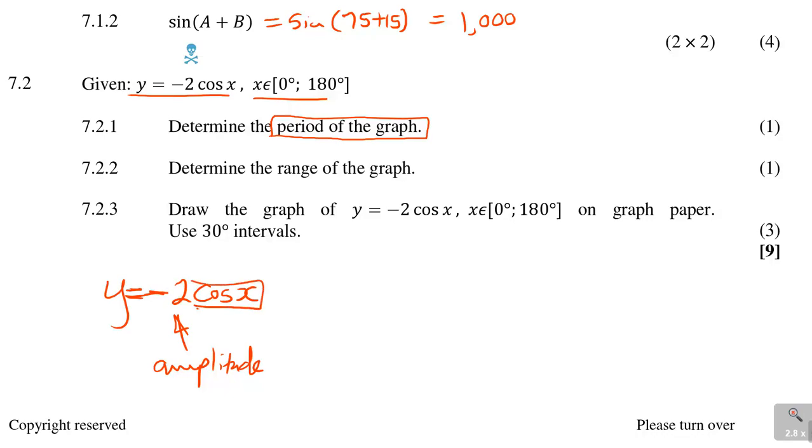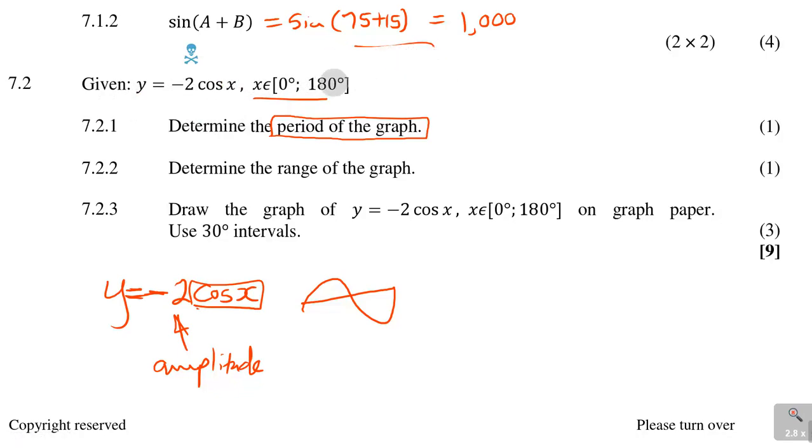Now cos x, when they say the period, a period is a complete revolution for that particular graph. Now for cos, the revolution of that graph, the period there is 180, or it is pi. So that is the period of this particular graph. All right, that is a complete revolution for that graph.